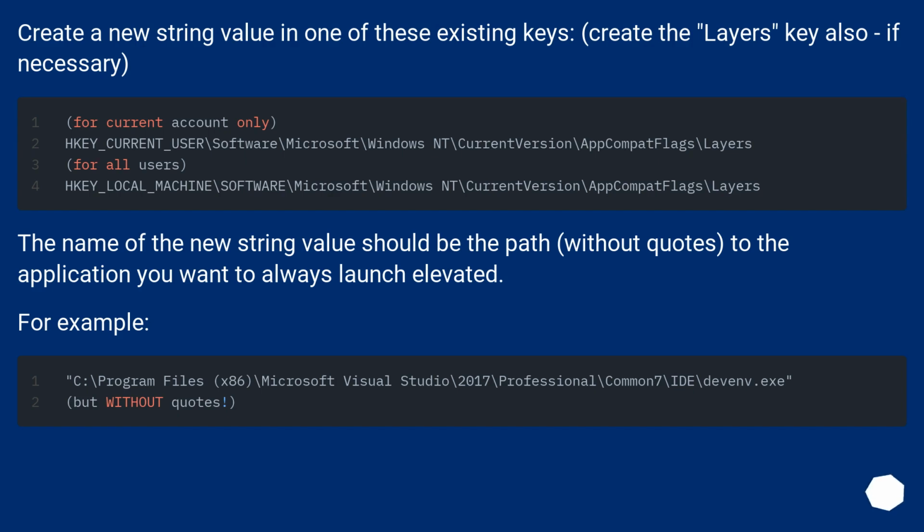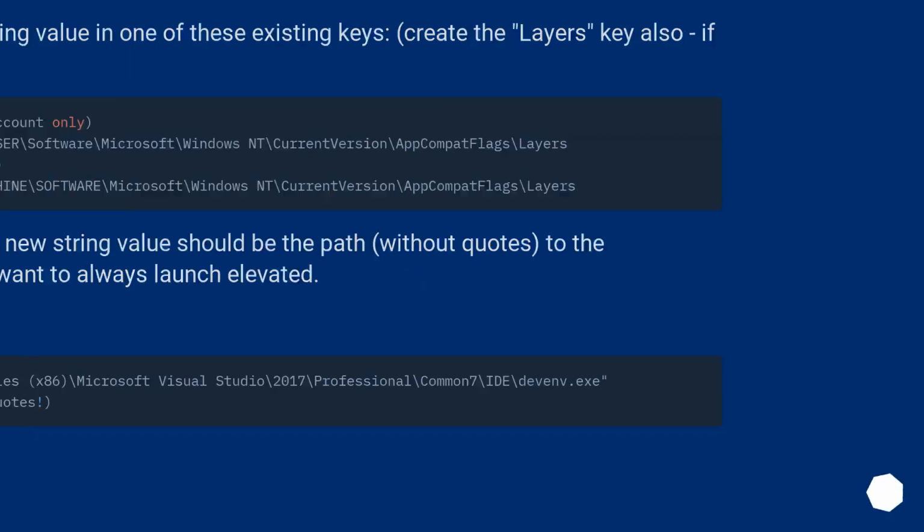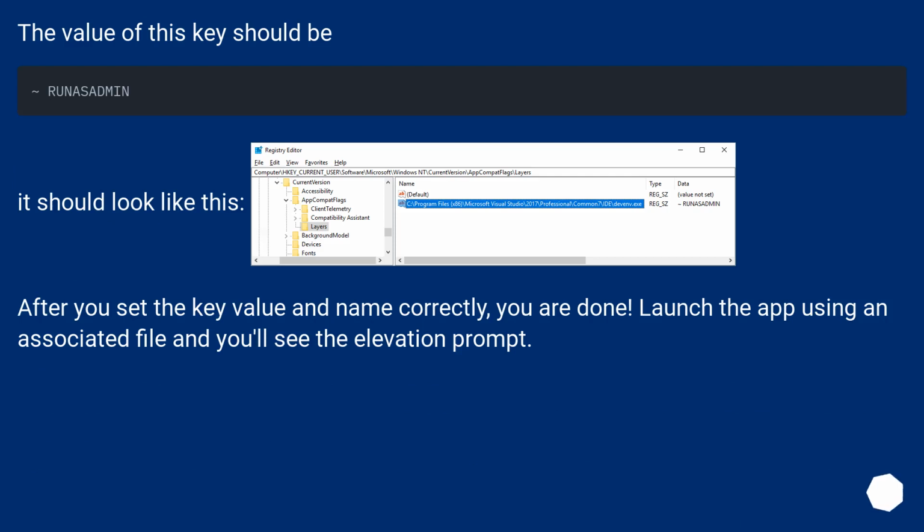For example, the value of this key should be as shown. It should look like this. After you set the key value and name correctly, you are done. Launch the app using an associated file and you'll see the elevation prompt.